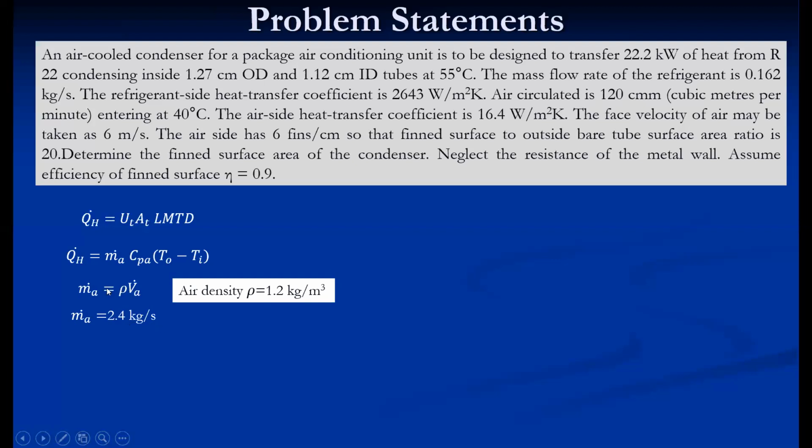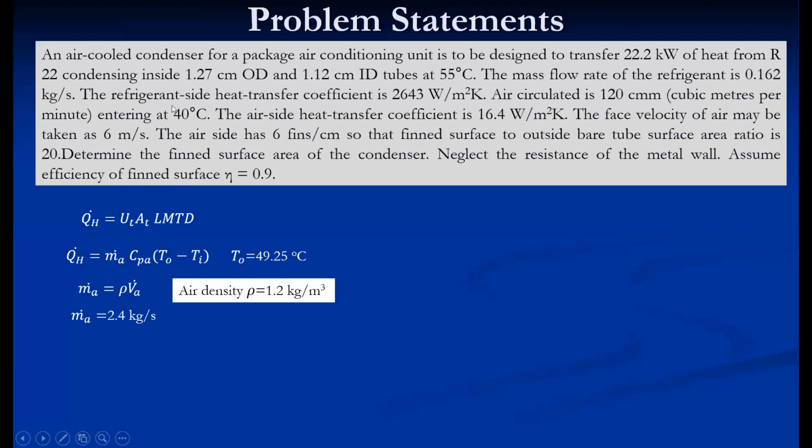So mass flow rate of air we have estimated. Then Cp of air, even though it is not given, we can assume at 1.005 kilojoule per kg Kelvin. Q_H dot is given. These two quantities are given. T_i is already known to us. So the only unknown is T_o. So T_o comes around 49.25 degrees Celsius.